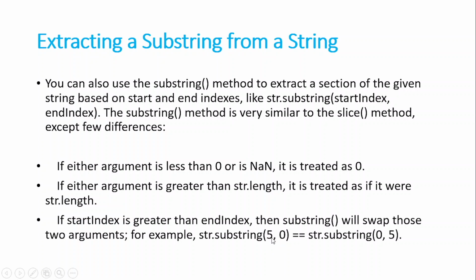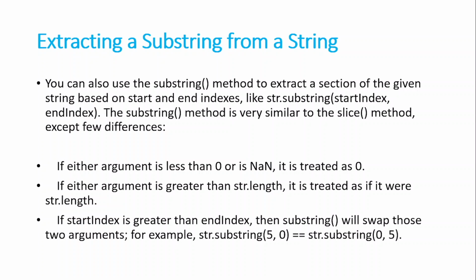So it will treat 0 as the first index or starting index and 5 as the end index. So it automatically swaps that. So these are some automatic features in this substring method. So if you want to use that, you can use it definitely.